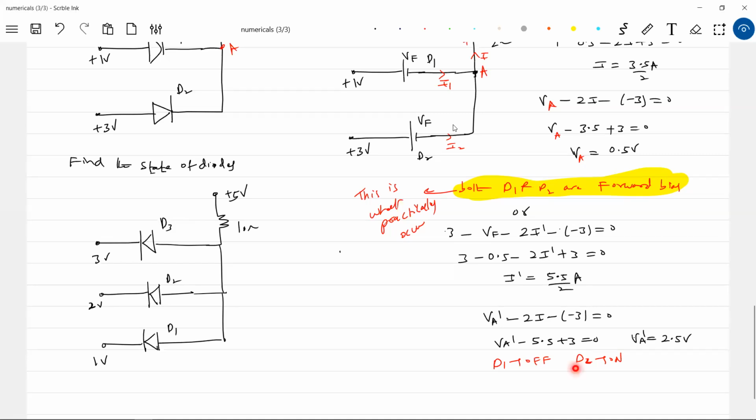If you say this is 2.5 volt, what potential difference will come? Because of 0.5, it gets forward biased. Then what will happen to this one here? 2.5, this should be reverse biased. This condition is what will be forced by the circuit. Because this is 0.5, it will also occur here as 0.5. This is possible, no?